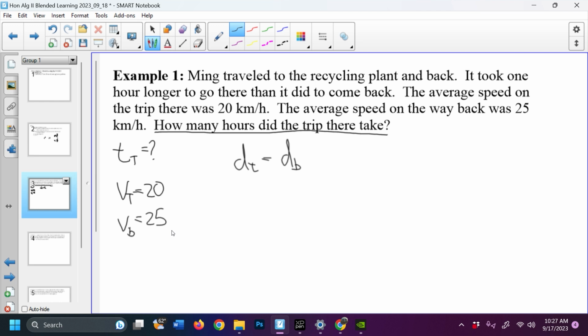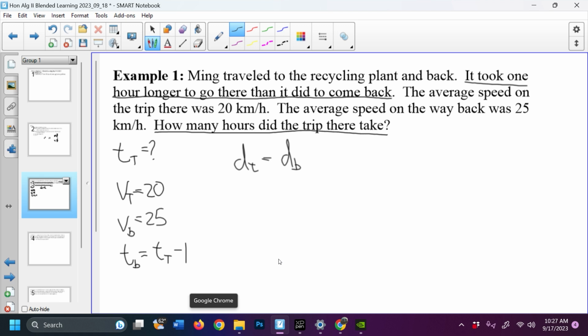So I know a lot of things. And then finally, I know that it took 1 hour longer to go there than it did to come back. So the trip there, what I'm looking for, is actually longer than the trip back. So the time coming back was equal to the time going there minus 1.